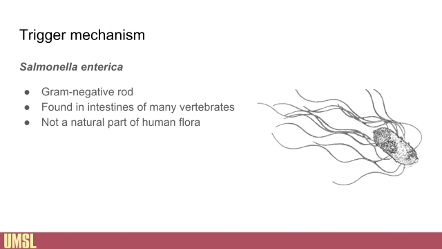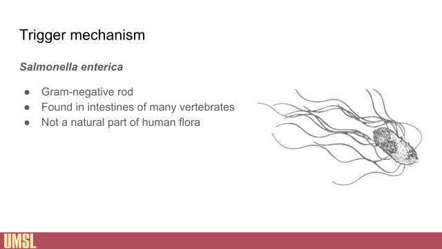Okay? So it's a gram-negative rod, and it's found in the intestines of many vertebrates. And so there are various species of Salmonella that are commensals to various avian and reptile hosts. And in fact, Salmonella enterica is often found in the GI tracts of turtles and other reptiles.